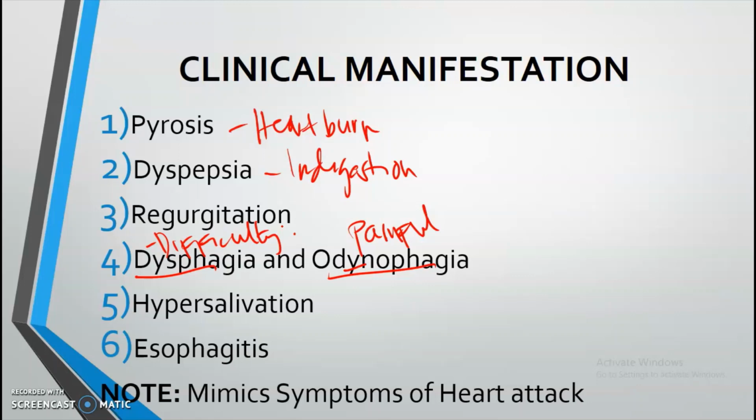This is to decrease the secretion of your gastric content, which hopefully rules out kung gastric by nature or a condition that is cardiac by nature. So those are the clinical manifestations.